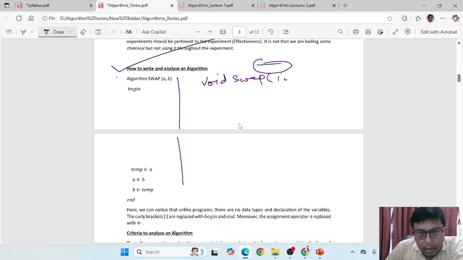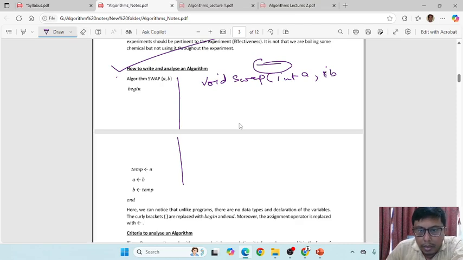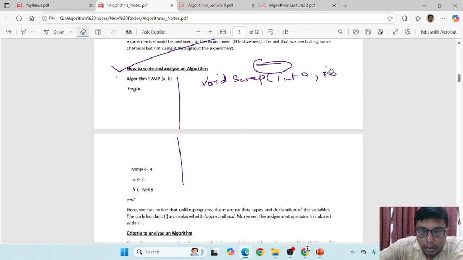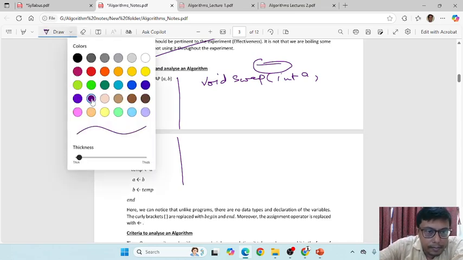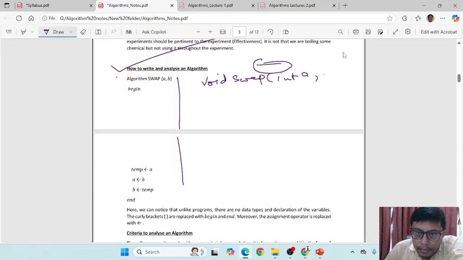void swap, int a, int b. Then, instead of begin and end over here, this begin means you are beginning an algorithmic block, and end is the end of an algorithmic block.